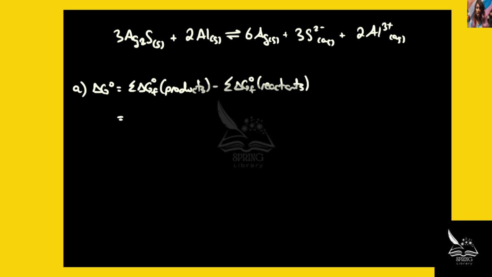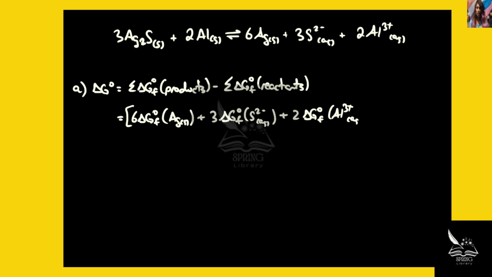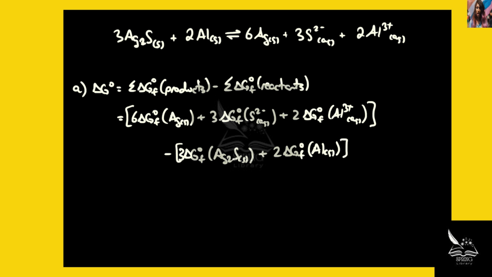This is equal to 6 delta G naught formation of Ag solid plus 3 delta G naught of S2 minus, plus 2 delta G naught of aluminum 3 plus, minus 3 delta G naught of Ag2S plus 2 delta G naught of aluminum solid.